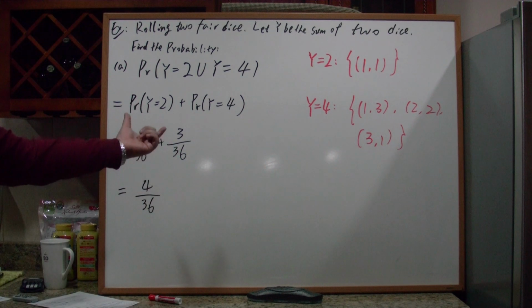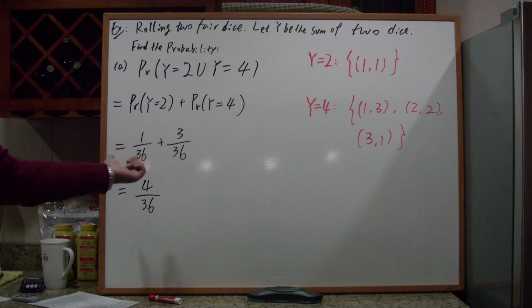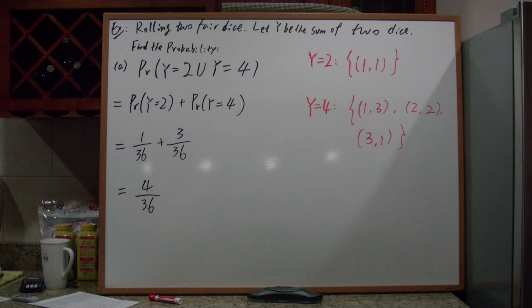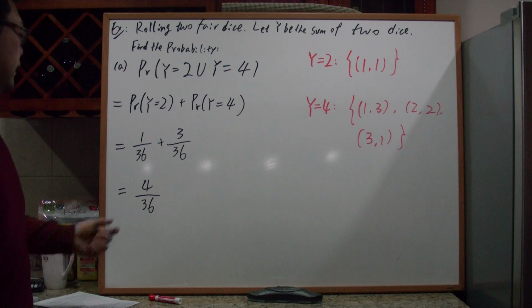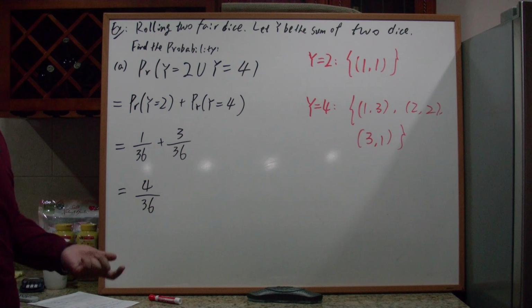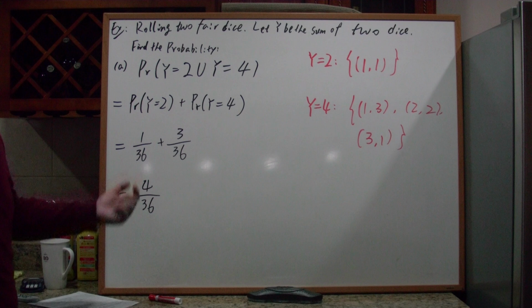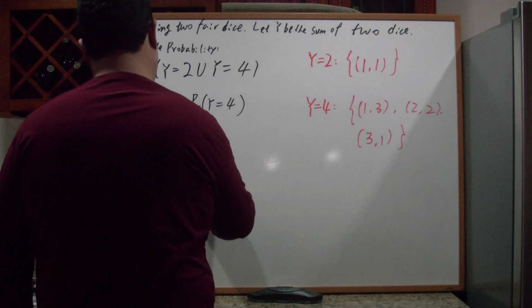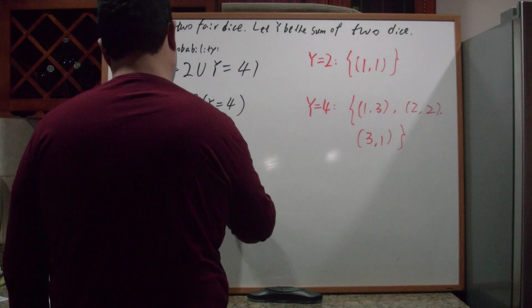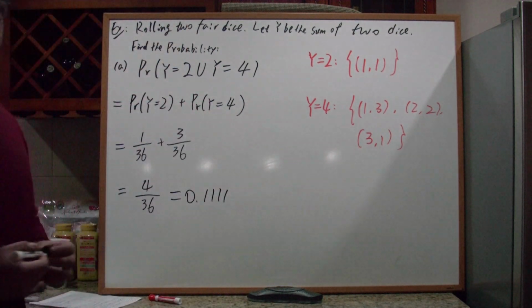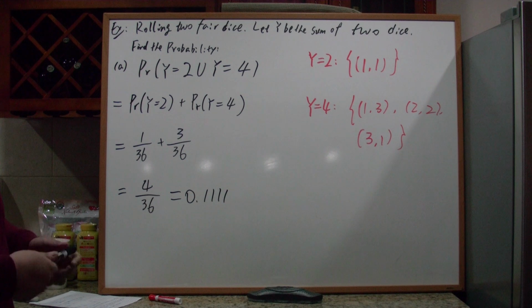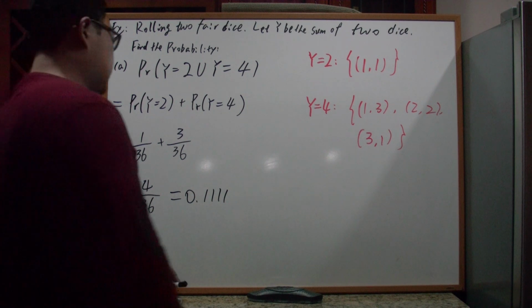This one does not have overlap since they are disjoint. Then we just add each part's probability together. Then we get 4 over 36, which is 1 over 9. Then if we want to turn it into decimal, that's 0.1111. Let's see the rest.